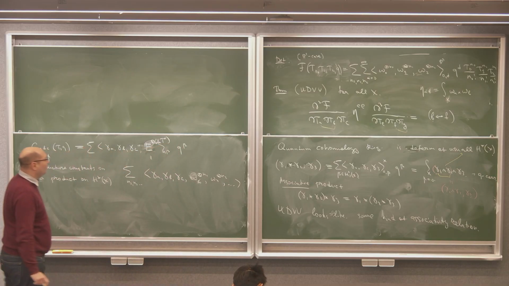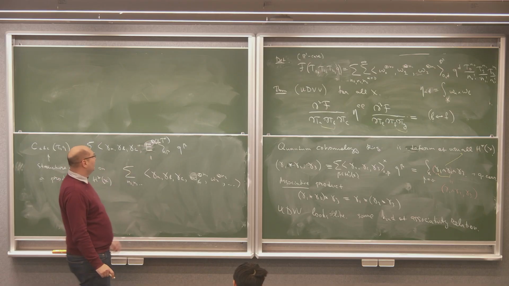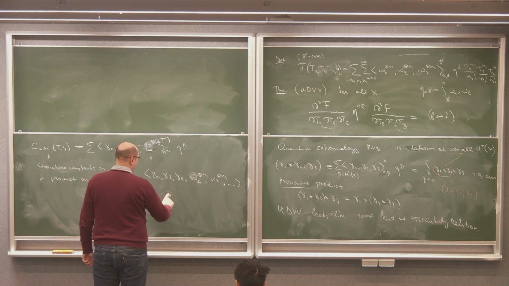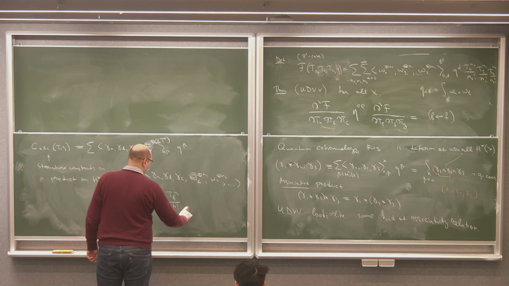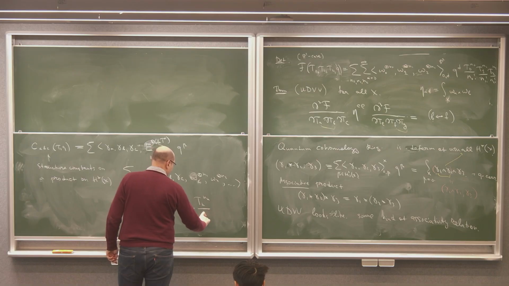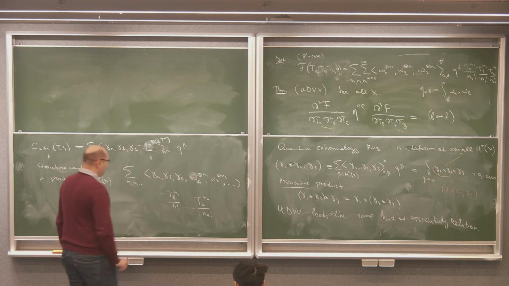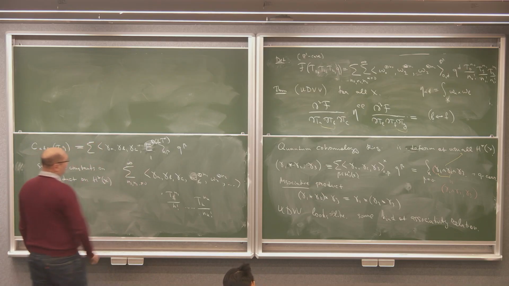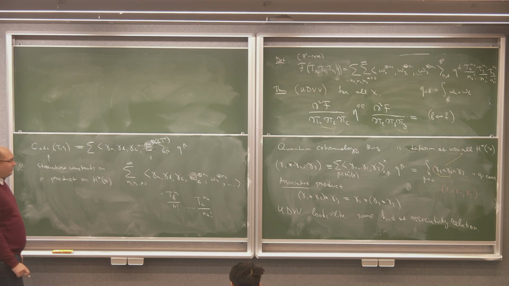So you insert all these basis elements in cohomology classes an arbitrary number of times, and then multiply by t1 to the power n1 divided by n1 factorial, and so on. And here you take a summation over all these numbers of insertions ranging from 0 to infinity.